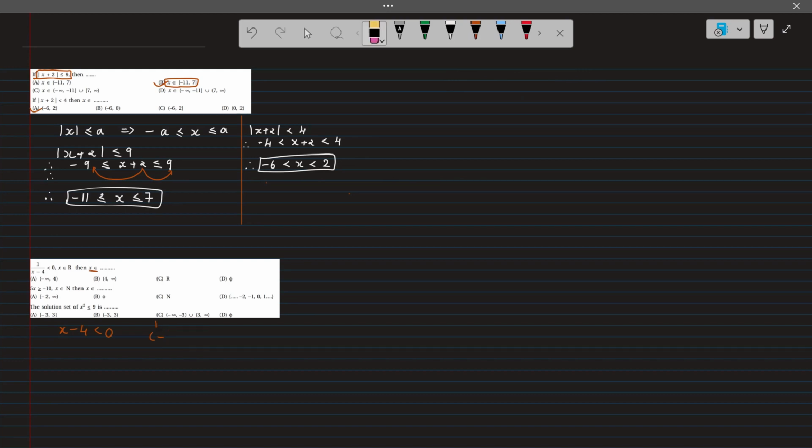So here we can say x minus 4 is less than 0, or we can say x is less than 4. Since it is less than 4, on the number line, it can take the values from minus infinity to 4. Option A is correct.